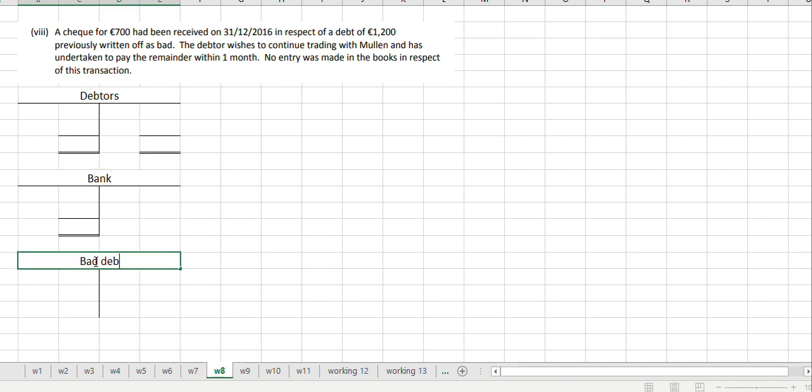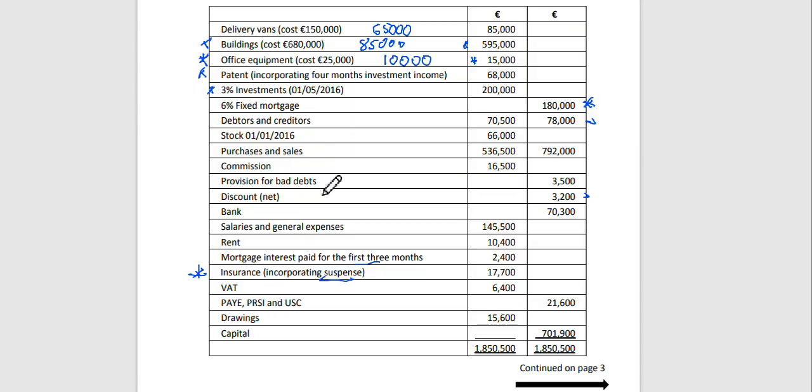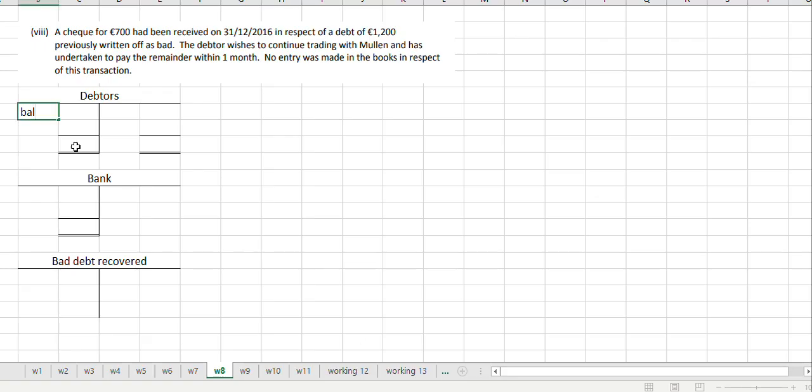So bad debt recovered. If I take the debtors figure from the trial balance, let's see, debtors and creditors, 70,500 here. So opening balance, 70,500.